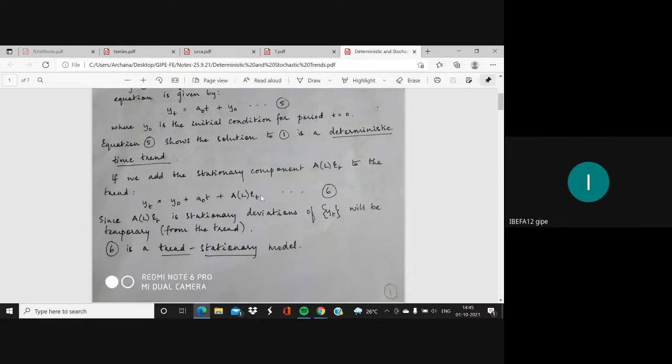Now, since you've been told that these moving average terms are stationary in nature, these represent deviations from this linear deterministic time trend.